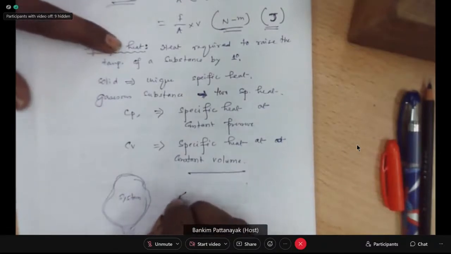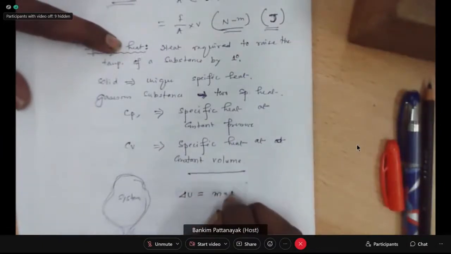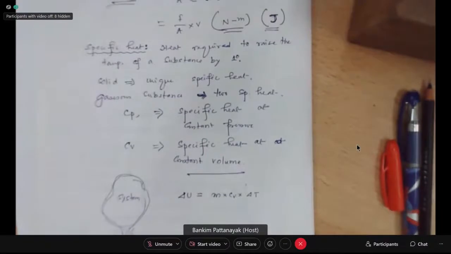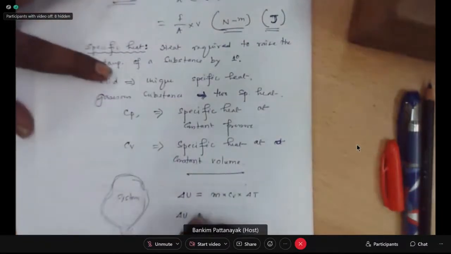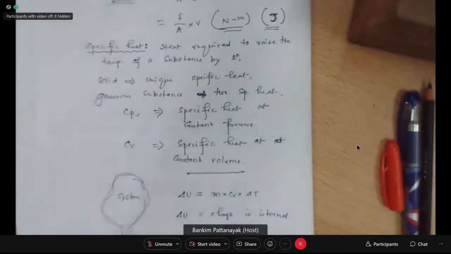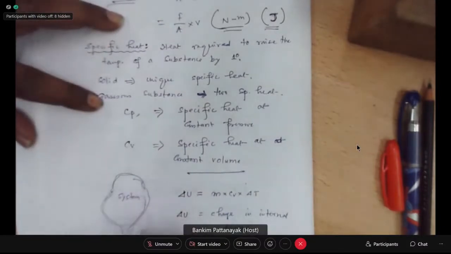Therefore, the internal energy change del U is M into Cv into del T. If the volume remains constant, we apply this formula M into Cv into del T.